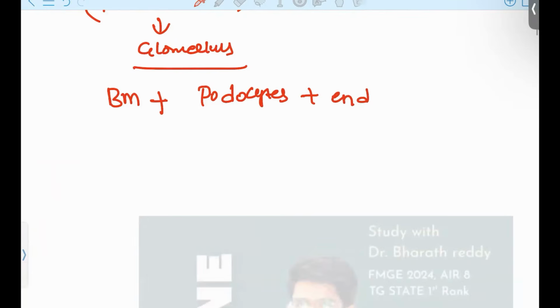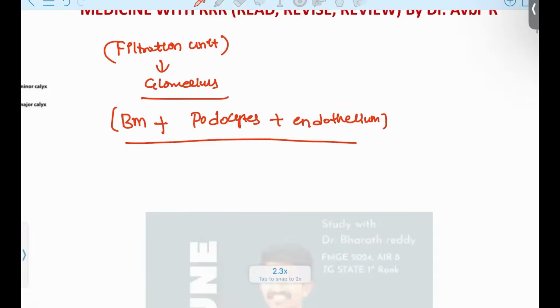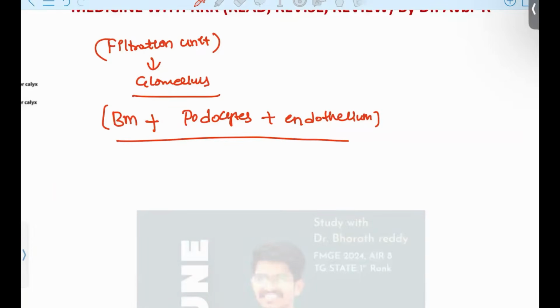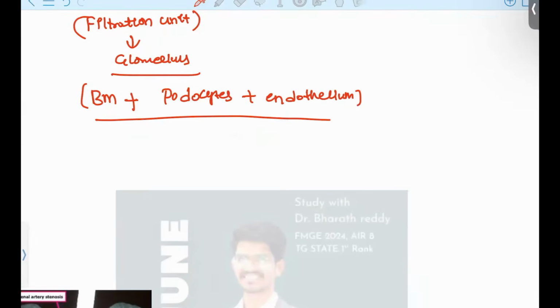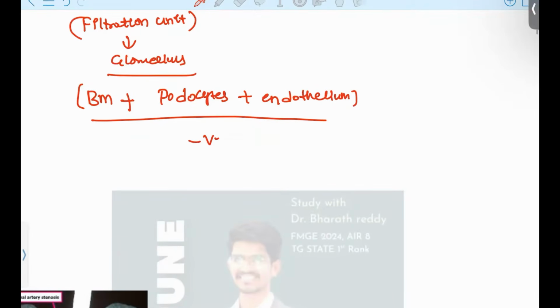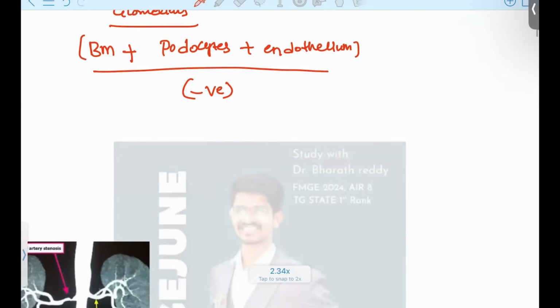This endothelium is a fenestrated endothelium, not like other endothelium. These three make up the filtration unit of our glomerulus, which carries a negative charge always. That leads to less chance of protein being lost through our filtration.